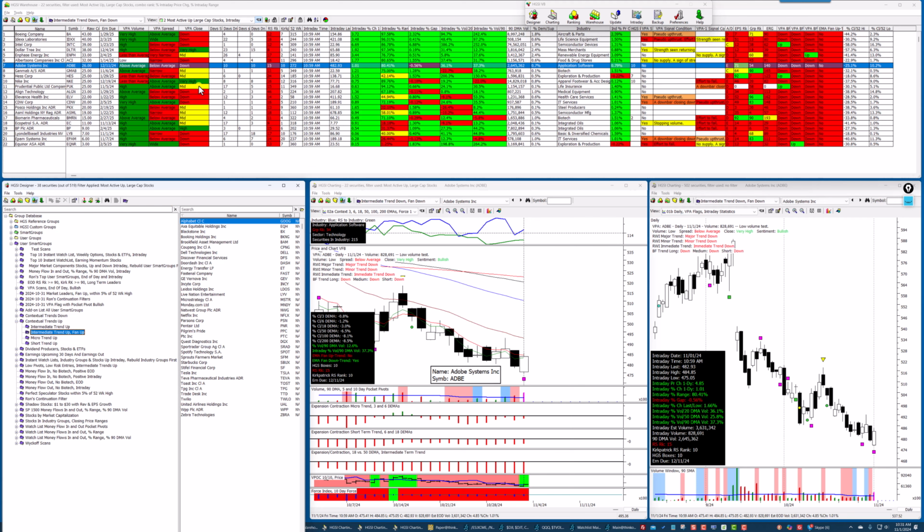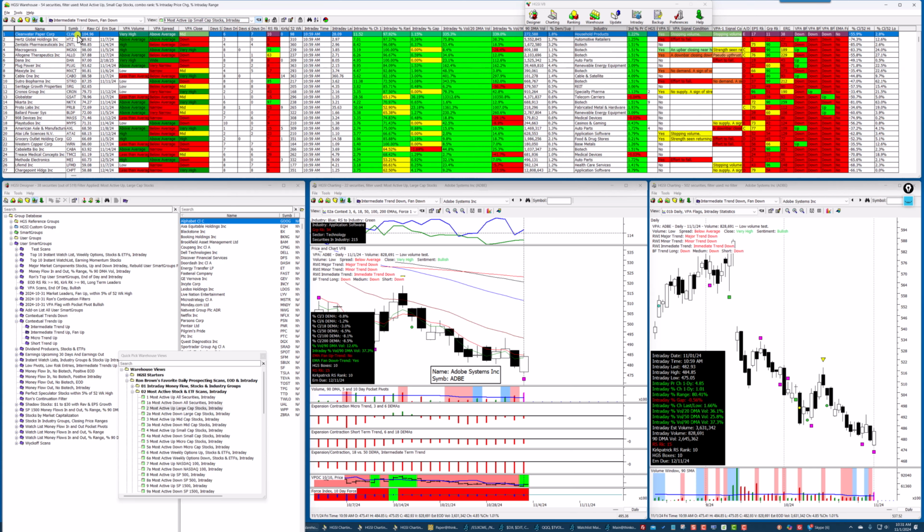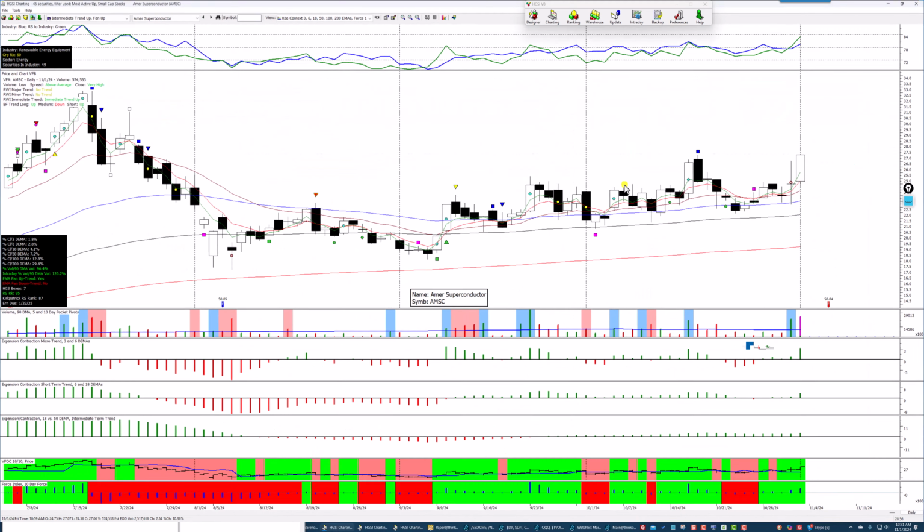Let's go to most active small cap stocks intraday. This is what I wanted. Strong stocks that are up today, and look at superconductor. Fan is in place. The 3 is above the 6, and it's moving up today.